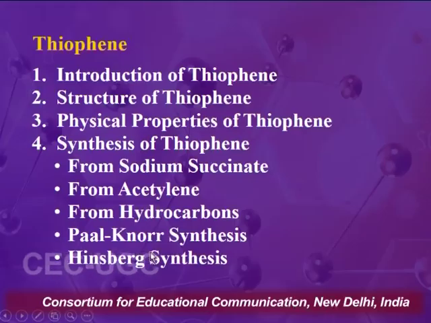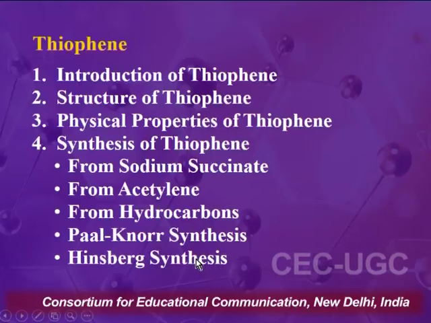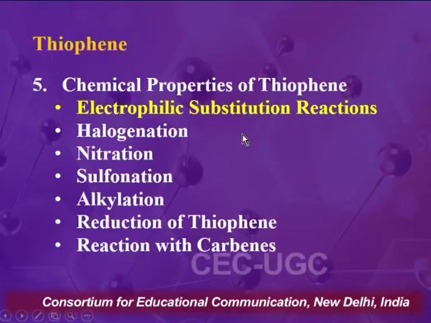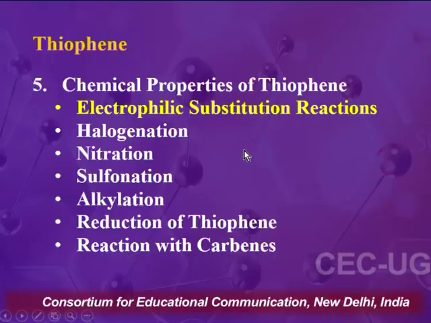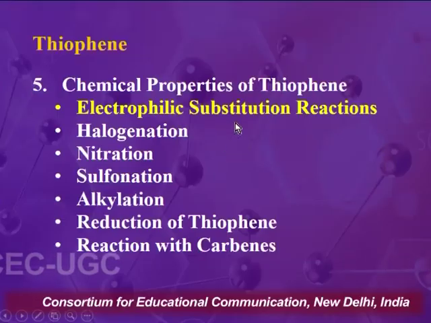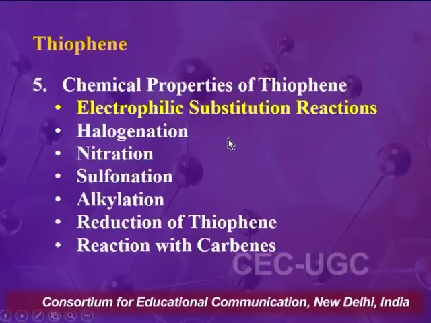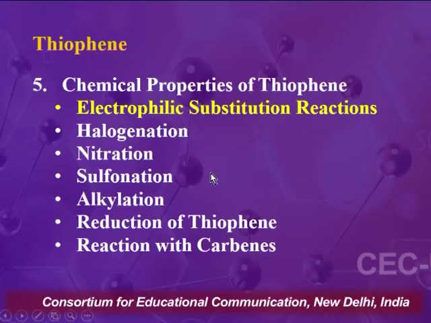First will be Paal-Knorr synthesis and the second will be Hinsberg synthesis. So after the synthesis part, we will discuss the chemical properties of thiophene molecule, and in the chemical properties the reaction will be electrophilic substitution reaction, and in electrophilic substitution reaction we will discuss different kinds of electrophilic substitution reaction.